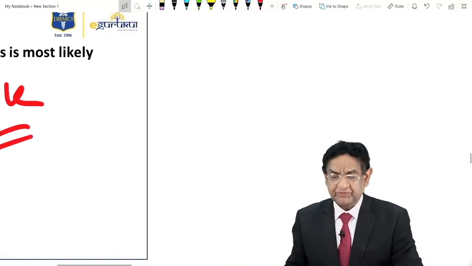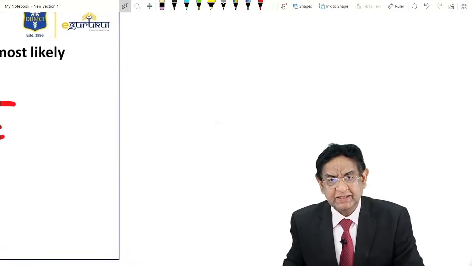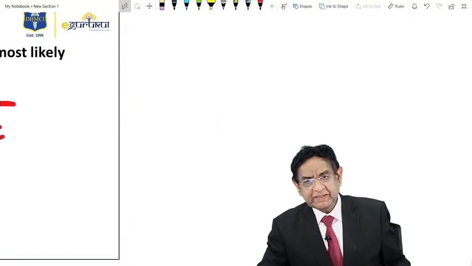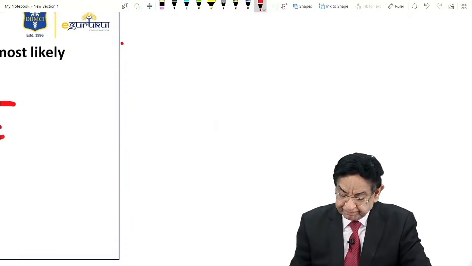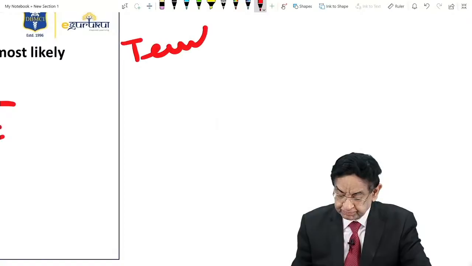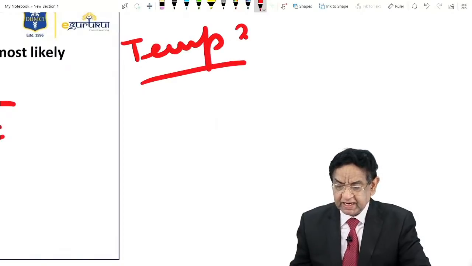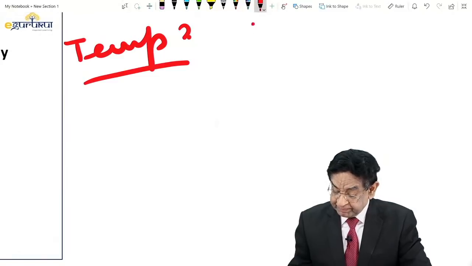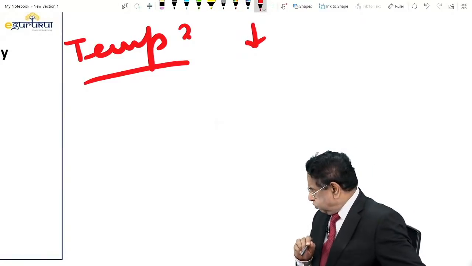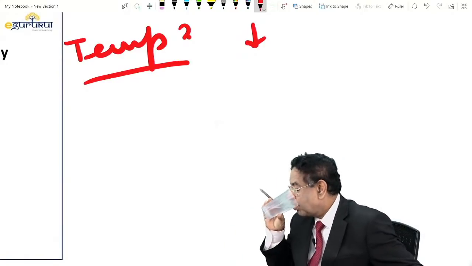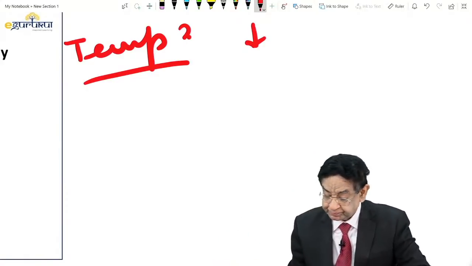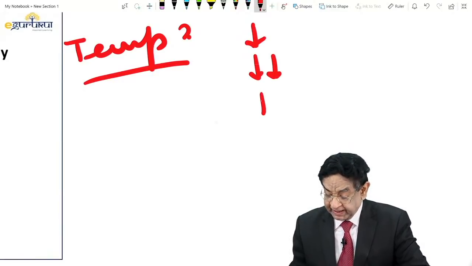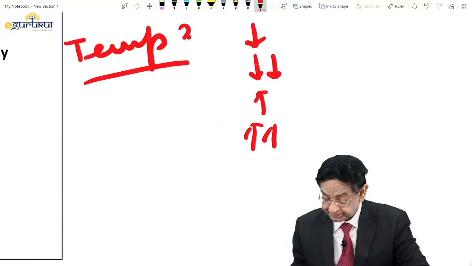Now I have a question for all of you. Write down the answer. You are giving succinylcholine to a patient. Some patients can have a problem regarding body temperature also. Write down the answer. What can happen? Temperature may become low, it may go very, very low, or it may go high, or very, very high.